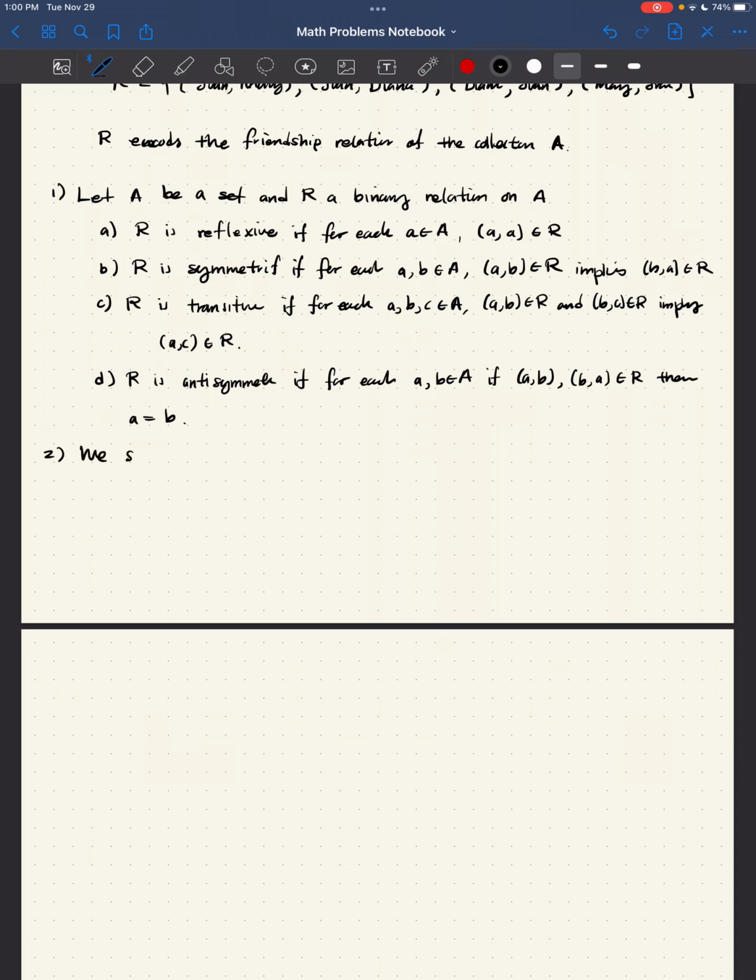We say that R is an equivalence relation whenever it is reflexive, symmetric, and transitive.